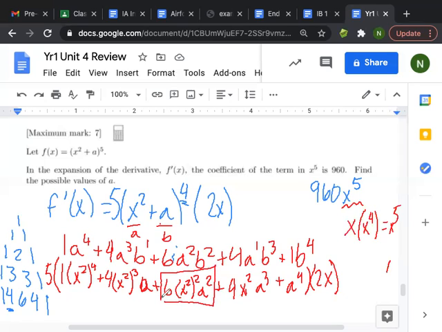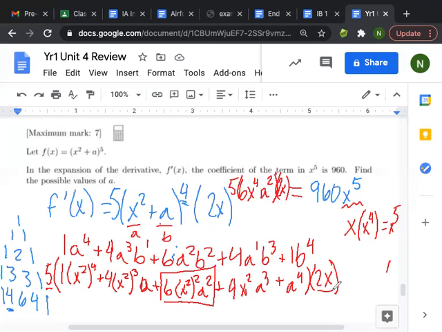So really what I have is that this 960 x to the fifth is the same thing as 5 times 6 x to the fourth a squared times 2x. I took this times the 5 times the 2x.